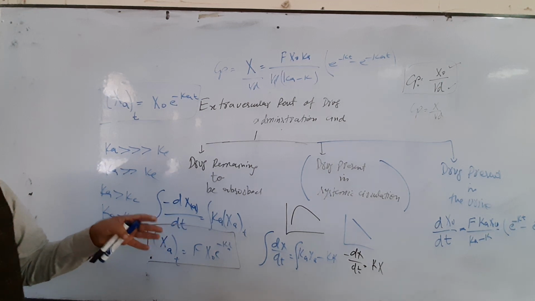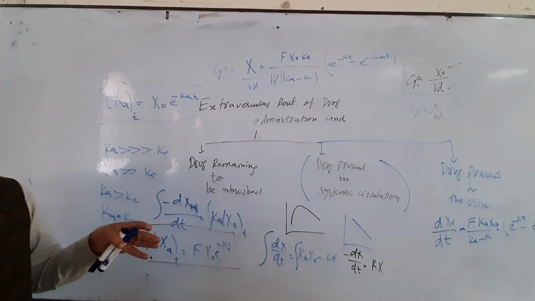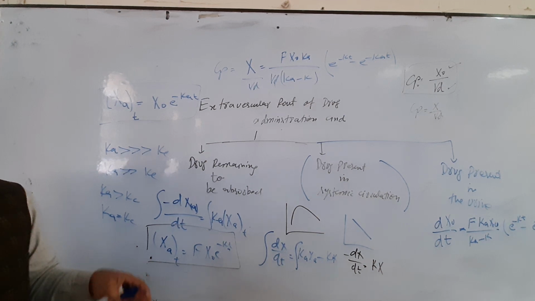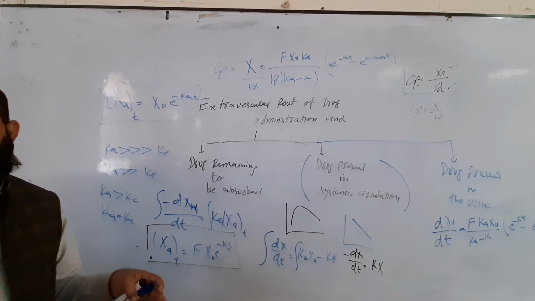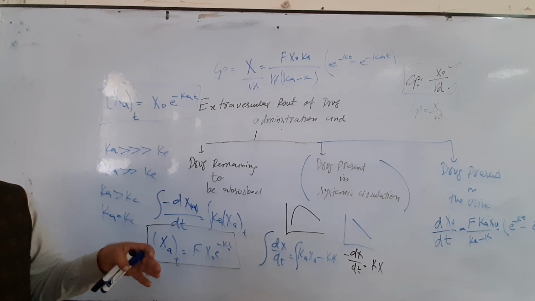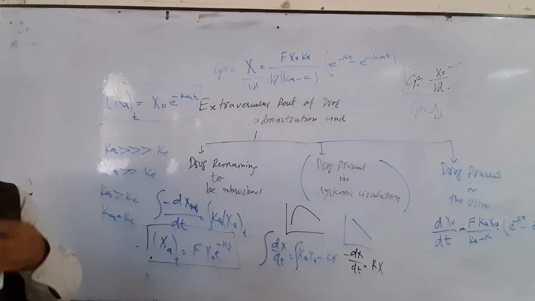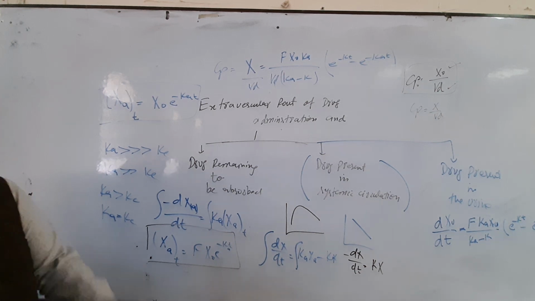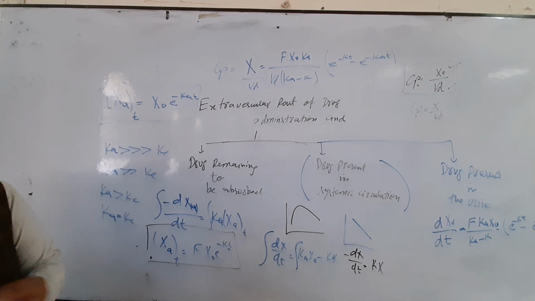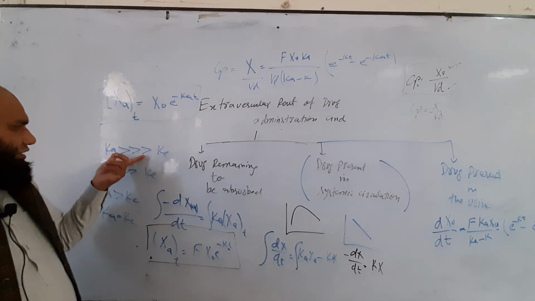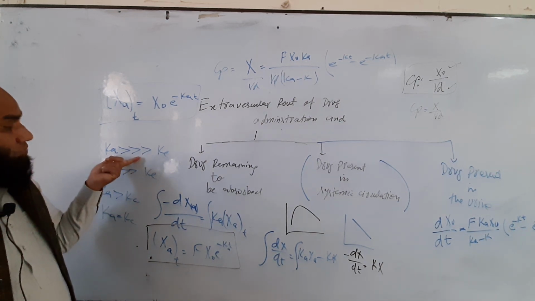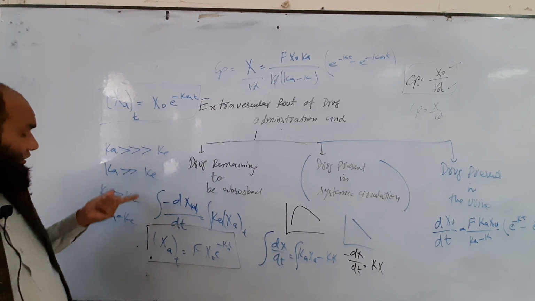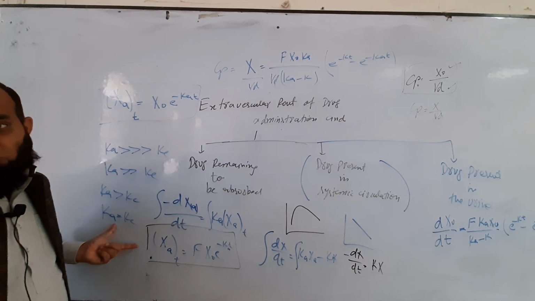Because we are assuming that the drug is following passive diffusion, and the drug is following the concentration gradient. Now at the start, the maximum concentration is in the GI tract, so the Ka value is the maximum, and there is a negligible or minimum amount of the drug present in the systemic circulation, so Ke will be less. But with the passage of time, when we feel that saturation occurs, we can assume that Ka is larger than Ke, and then Ka is equal to Ke.